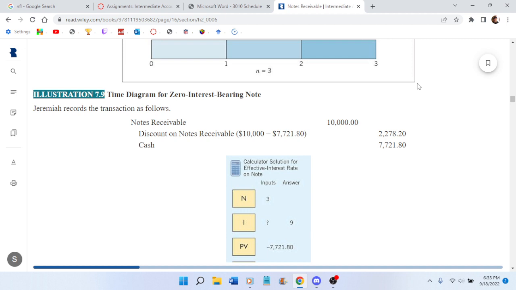Notes receivable is an asset account. Increased.